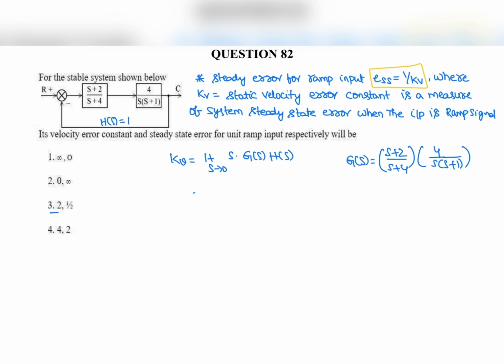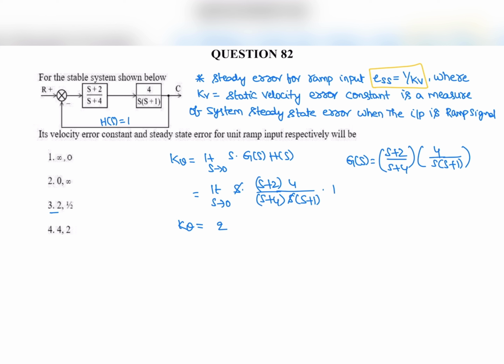Therefore velocity error constant is s into G(s), which is (s plus 2)(s plus 4) by s into (s plus 1) by 4, into H(s) is 1. Substitute s equal to 0. Here s will get cancelled. Now with s equal to 0, we get the velocity error constant Kv value as 2.